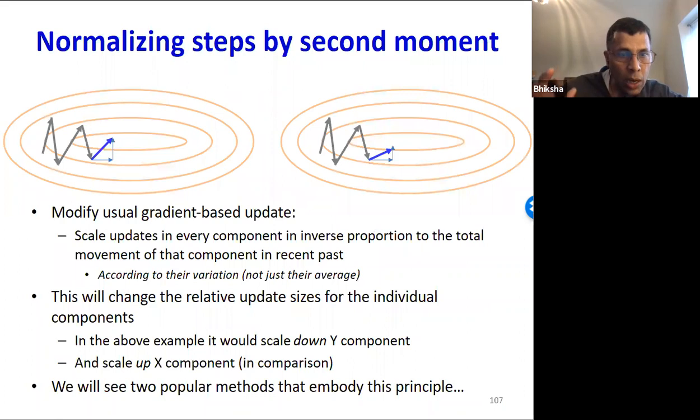So the fancier methods will modify the usual gradient-based update. They're going to scale the updates in every component in proportion to the total movement of that component in the recent past. And this is going to change the update sizes for the individual components.